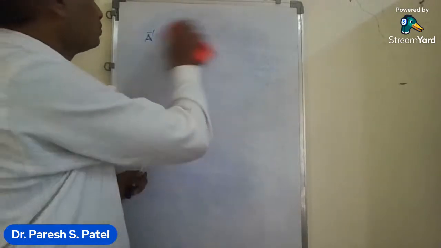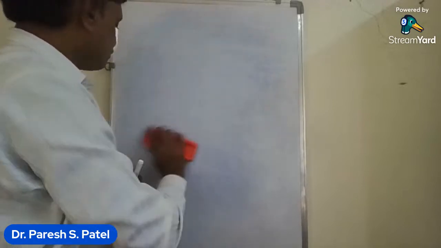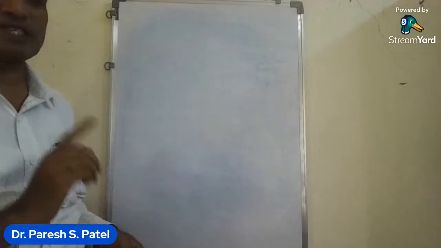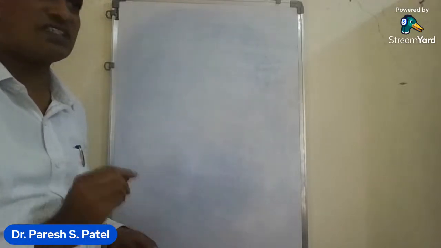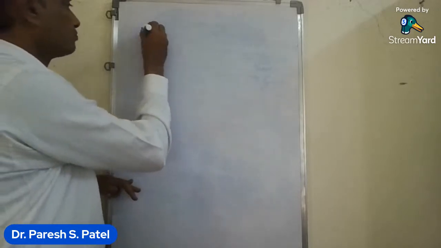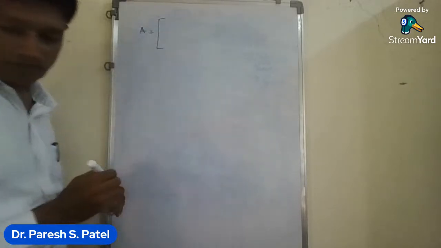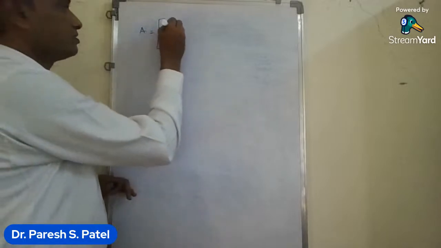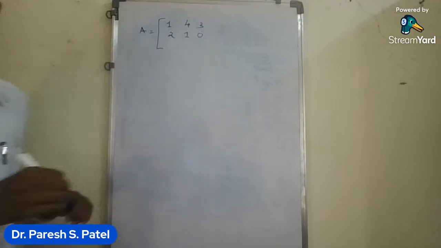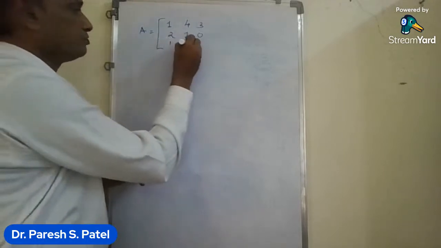Now, how to find out the inverse for the three-dimensional matrix? So dear students, from the exam point of view, the inverse for the two-dimensional matrix and three-dimensional matrix are the most important. So A is equal to, suppose, 1 4 3, 2 1 0, and 1 3 2.